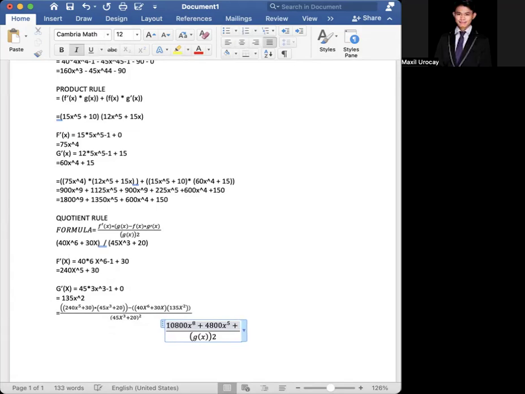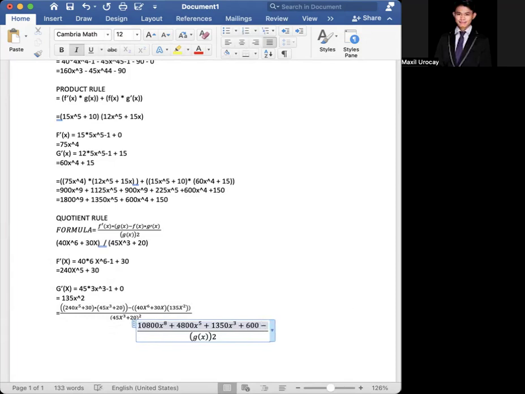So plus 30 times 45, that is 1,350 of x to the power of cube, because there is no power here. Now plus 20 times 30, that is automatic 600. So we're done with that.